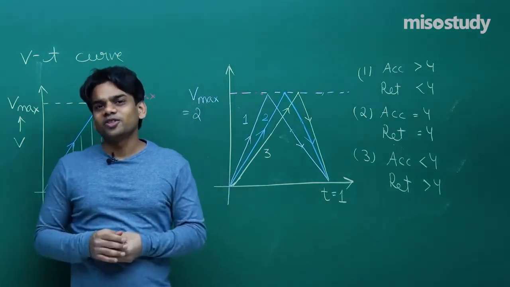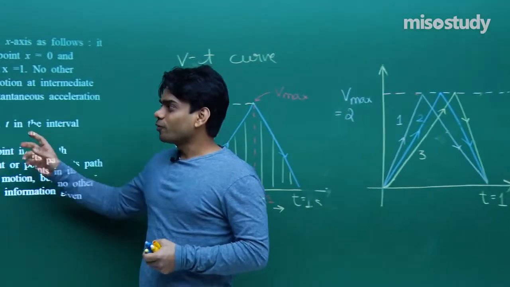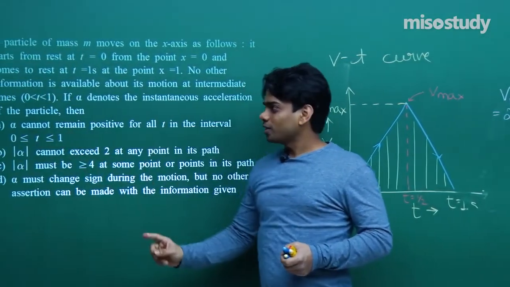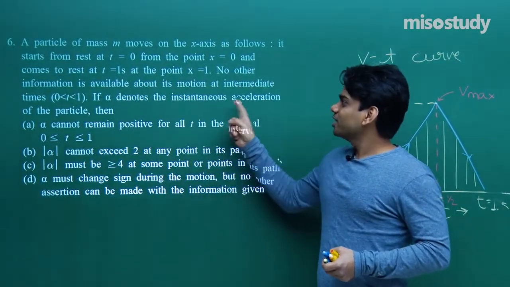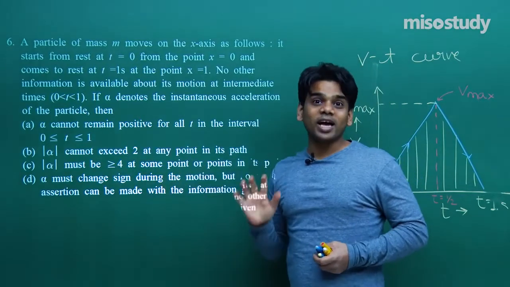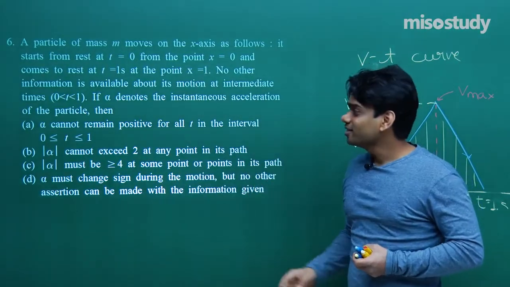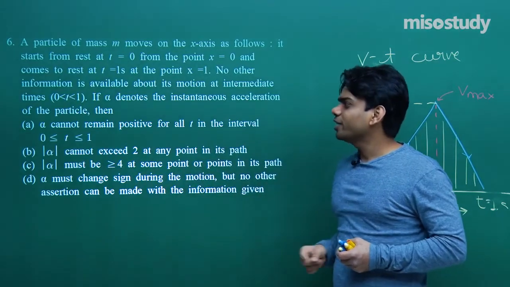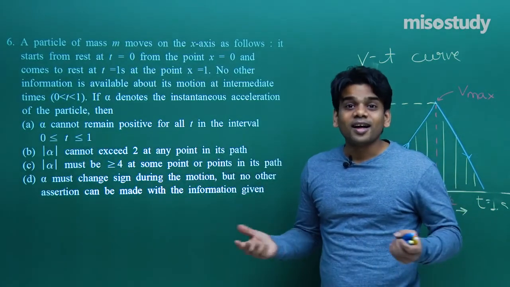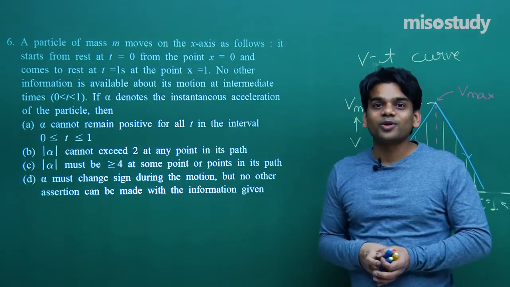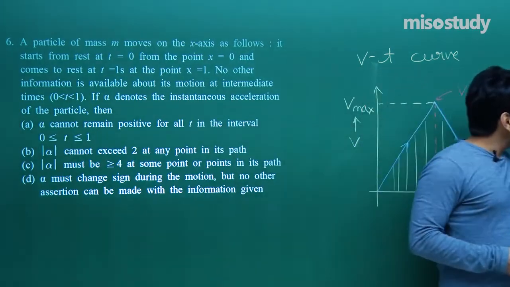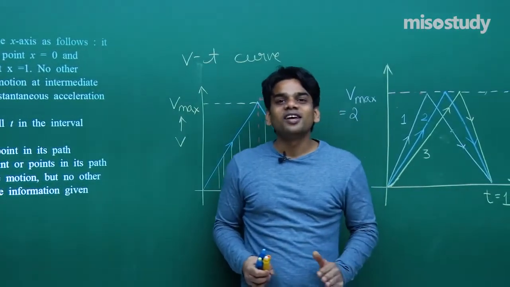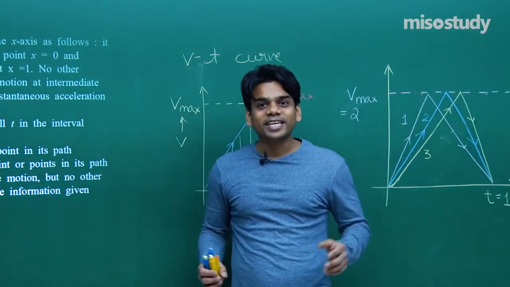Now let's talk about each of the options. We have to only talk about time t equals 0 to 1. If alpha denotes the instantaneous acceleration of the particle, now we have full idea about the acceleration. Option A: alpha cannot remain positive for all t in the interval 0 to 1. That's right, alpha cannot remain positive, because once it is positive, it has to become negative because velocity has to decrease.